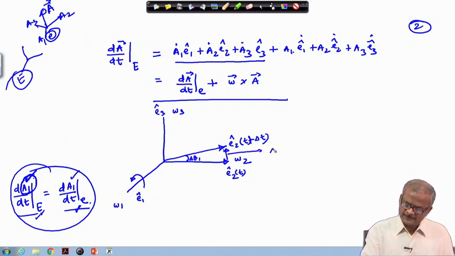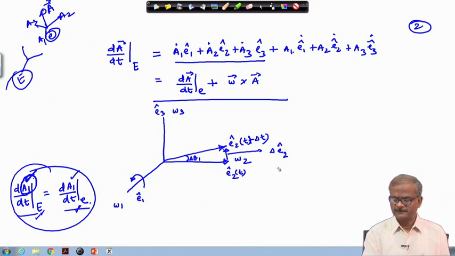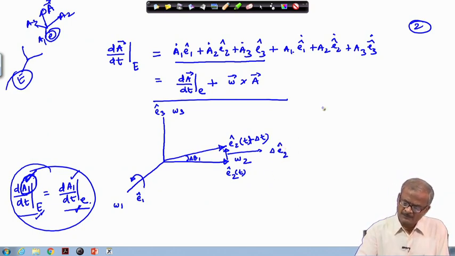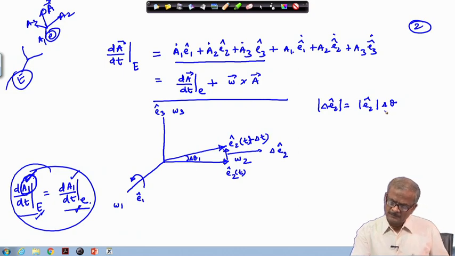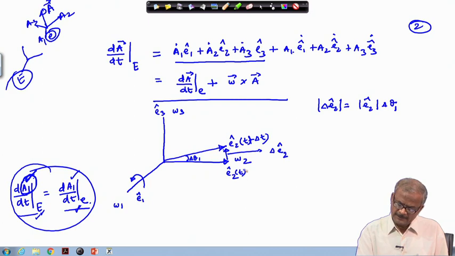And this is the vector which has changed, so this is delta E2 cap. Delta E2 cap magnitude we can write as the E2 cap magnitude times delta theta, for small values of delta theta. So, here you have rotated by delta theta 1.